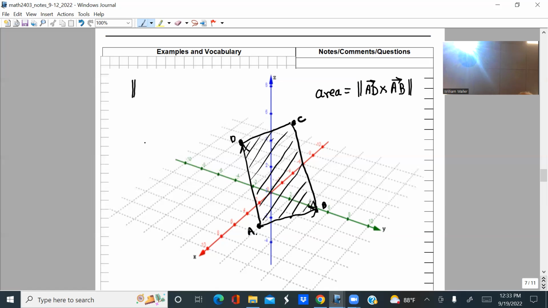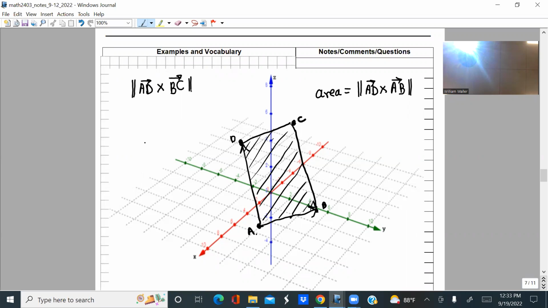What if you computed this magnitude? So you made a little mistake here, and you tried to compute the cross product of A and D and B and C. What would happen there? That would be 0, right?